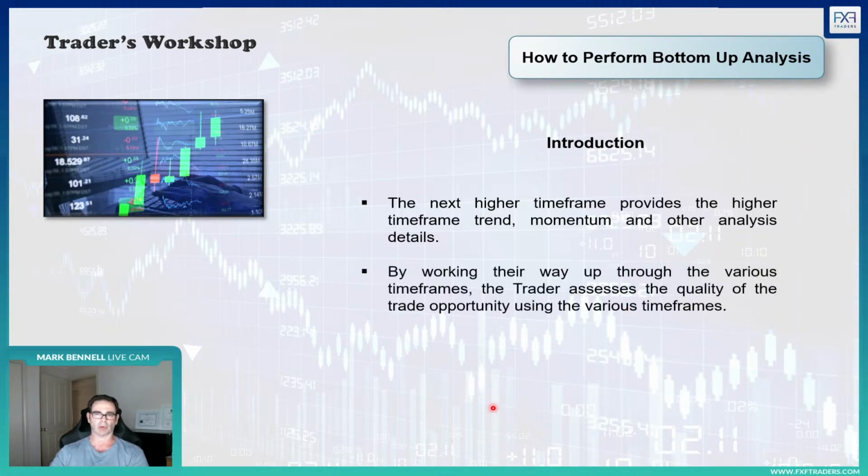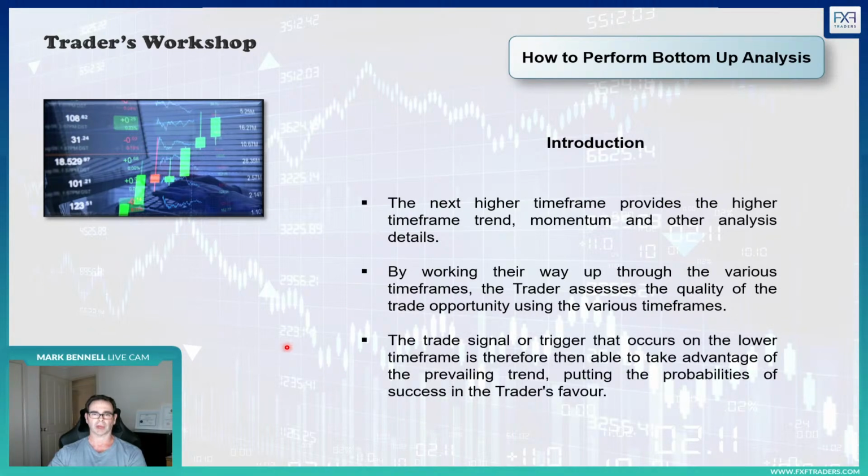So by working our way up through the various time frames, the trader assesses the quality of the trade opportunity using the various time frames. The trade signal or trigger that occurs on the lower time frame is therefore able to take advantage of the prevailing trend, putting the probabilities of success in the trader's favour.